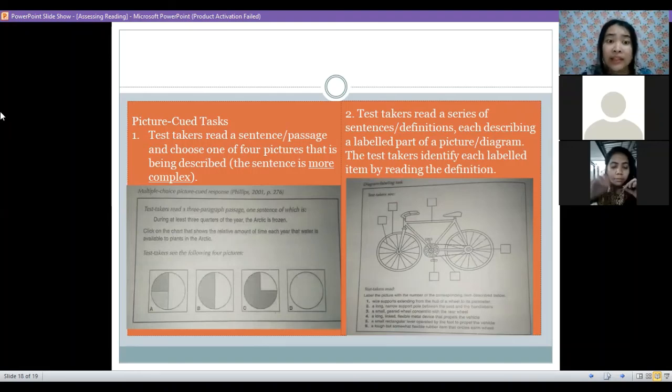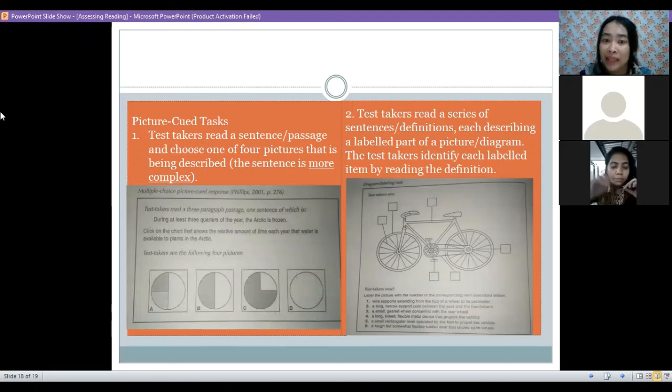Test takers read a 3-paragraph passage, 1 sentence of which is: during at least 3/4 of the year, the Arctic is frozen. So the test takers should choose which picture is related to the sentence. And then maybe they can choose C or B if they think it's correct.